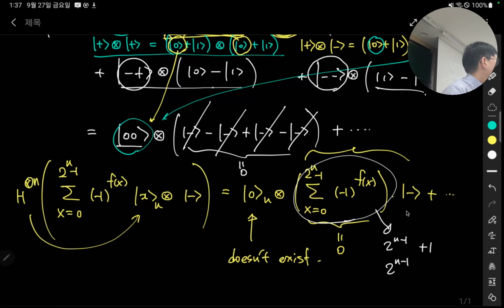Each term is either 1 or minus 1. So 1 and minus 1 is depend on the value of function. So we assume that the value of function is either 0 or 1, and there are same number of values as an output. So there are equal number of 1 and minus 1. Okay? So we have 2 to the n minus 1 plus 2 to the n minus 1 minus. So they are all cancelled out to 0. That's what I'm explaining in the slide.